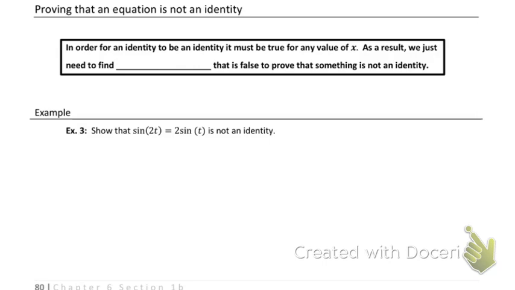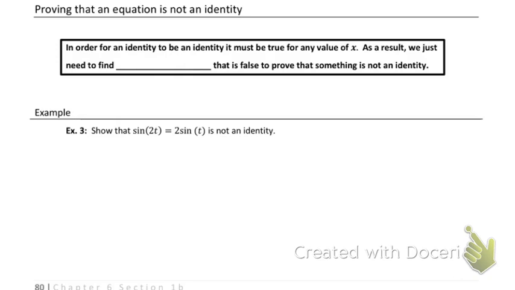It's easy to prove things are identities because you can just go through all your identity sheets and see if you can get there. And if I say prove it's an identity, it is true, and you'll be able to get there. Proving that something is not an identity is a lot more difficult, because for an identity, it must be true for any value of x.